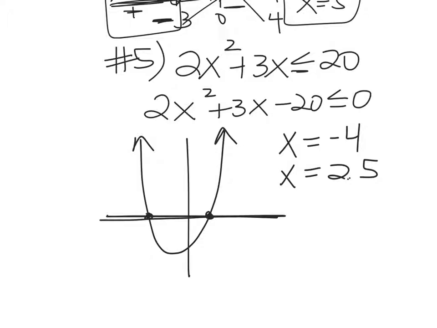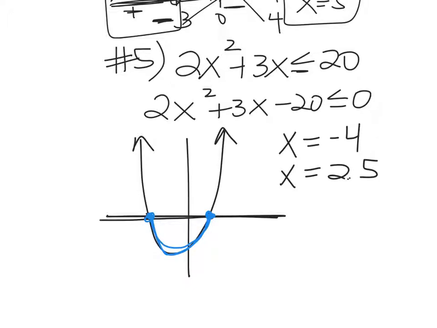All right. So was it 2.5? Yeah? Okay. So we have to now look, where is this parabola less than or equal to 0? Do you see where it's less than or equal to 0? This parabola is less than or equal to 0 in here, and including those dots that intersected at 0.